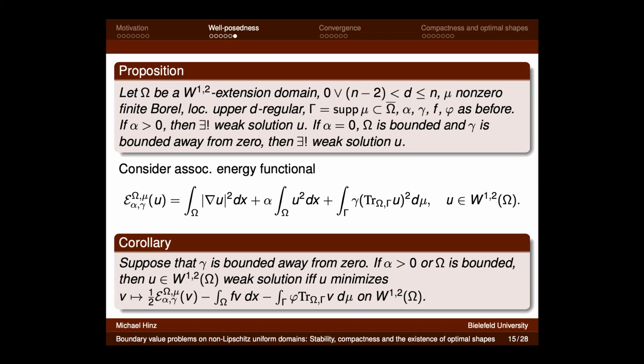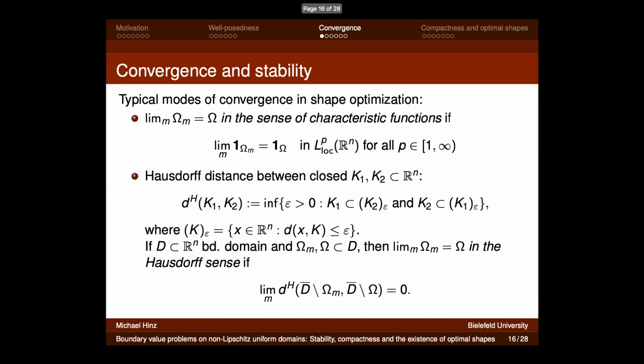All right, so that's the energy functional. If one exploits Lax-Milgram and so on, one can see that a function solves the variational formulation uniquely if and only if it minimizes this energy functional, right? This is quite standard, but that's our formulation.